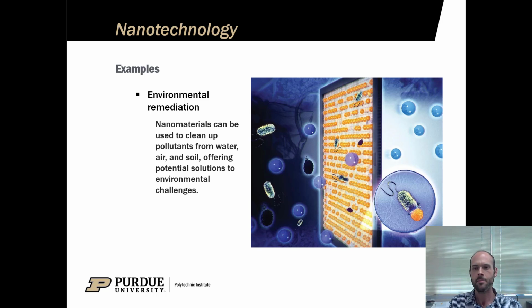Final example in this batch here is related to environmental remediation, so something like air filtering or water filtering. Nanomaterials can interact with particles in different ways than maybe a traditional filter would. We've obviously seen in the news new challenges with things like microplastics appearing in all types of places around the world, above and below soil, things like that.